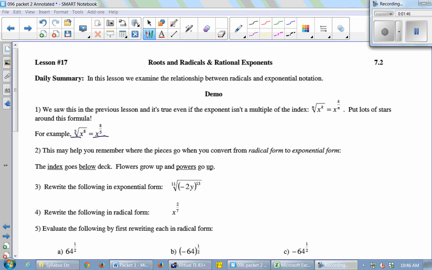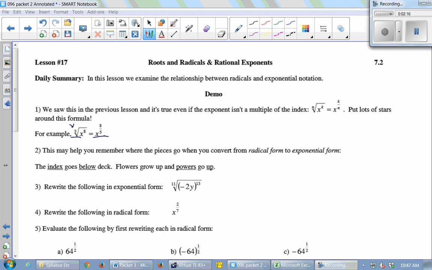Flowers grow up and powers go up, so 8 is a power and goes in the top of the fraction. Another way I remember it is that roots go in the cellar. The 5 is the root I'm taking, so it goes in the cellar, the bottom of the fraction. You know what a root cellar is, right? The basement where you put root vegetables. Yes, roots go in the cellar.